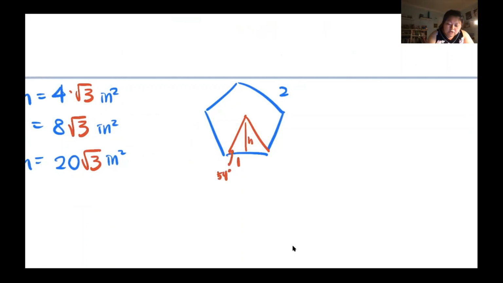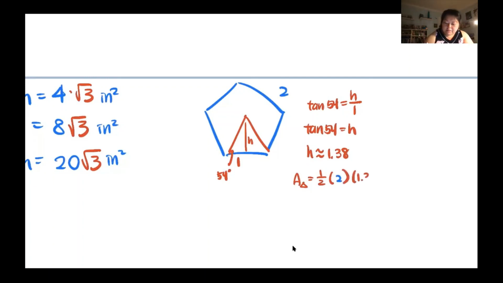Okay, so I use SOHCAHTOA. Tangent of 54 equals opposite over adjacent. So I simply figure out tangent of 54 to find my height. And my height is approximately 1.38. So the area of one triangle is 1/2 base of 2, again, remember base is 2, right, times the height of 1.38.